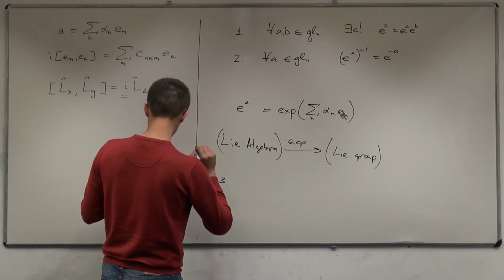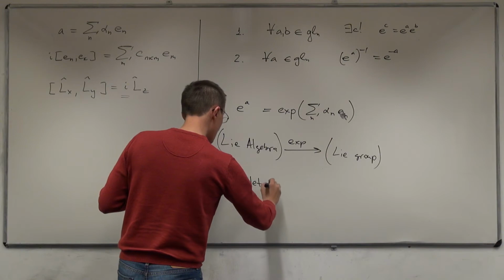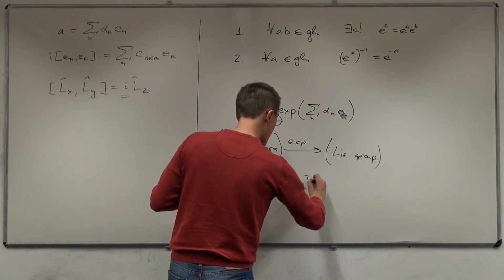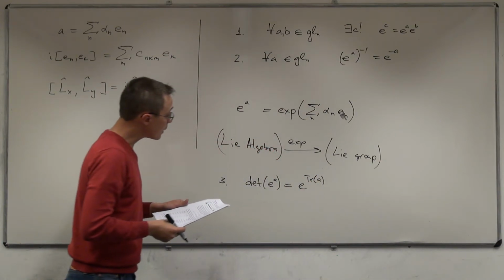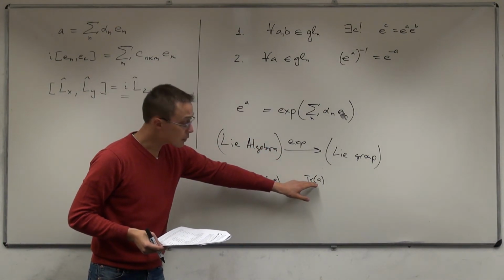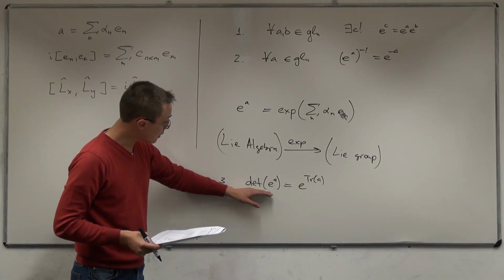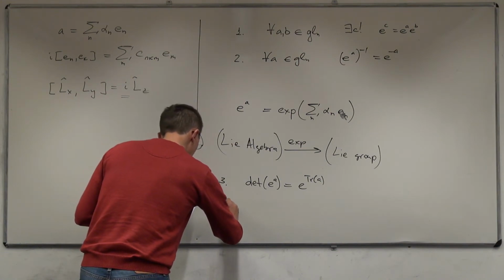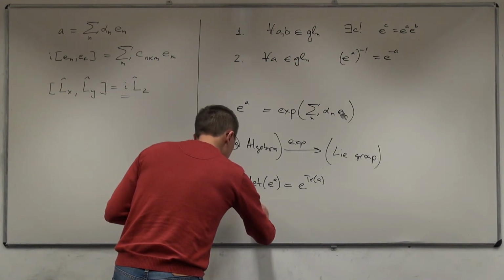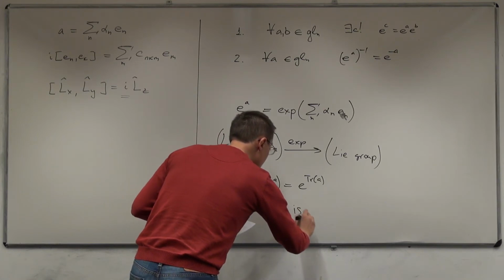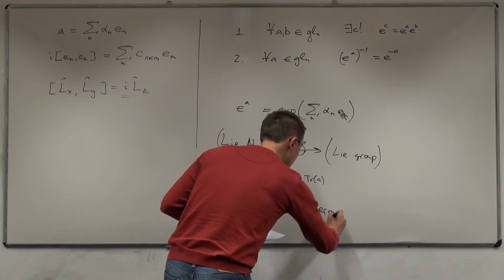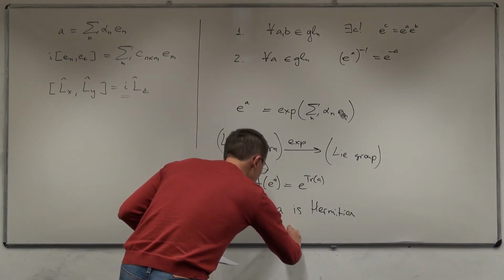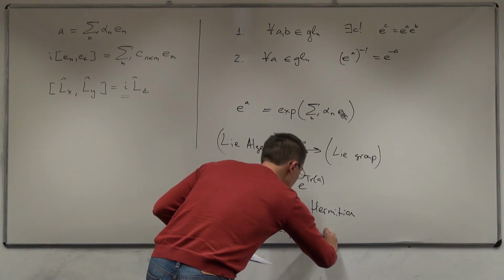Let's put it number 3, that the determinant of e^A is equal to e to the trace of A. In other words, if a matrix is traceless, then its determinant is equal to 1. And 4, if A is Hermitian, then exp(iA) is unitary.